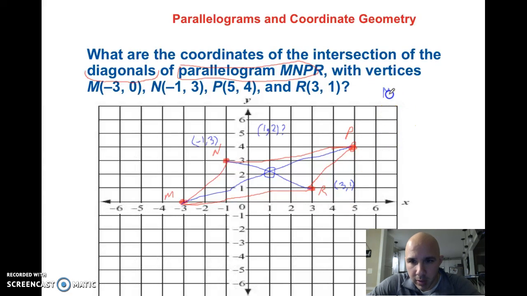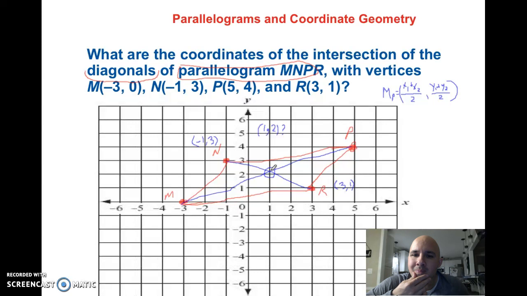So my midpoint, going way back now, is going to look something like this. It's going to be x1 plus x2, divided by 2. And I'm going to do the same thing for my y's. My y1 plus my y2, divided by 2. And this will be my intersection for N to R right over here.